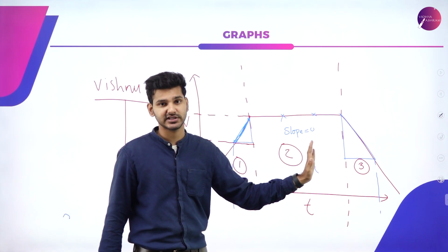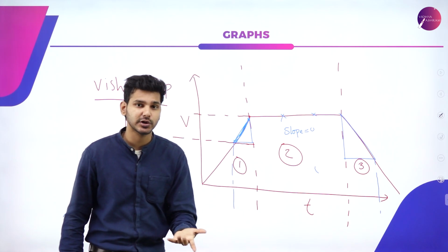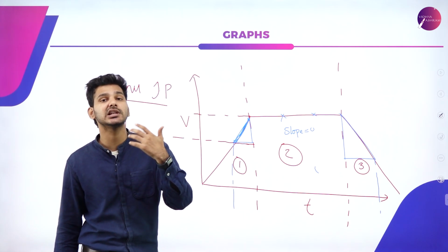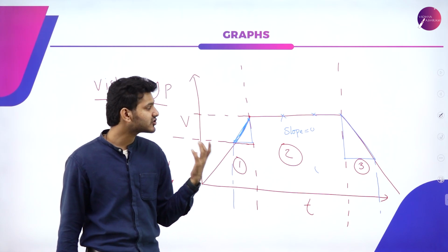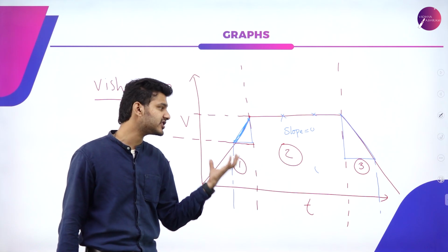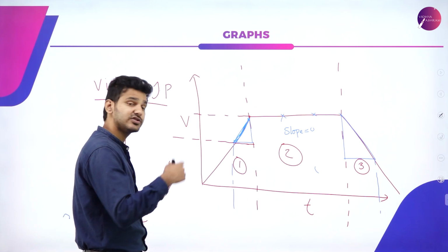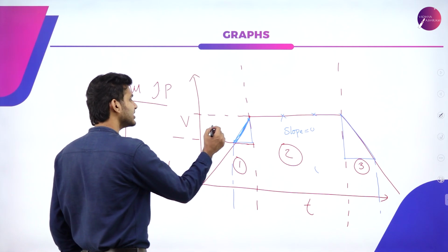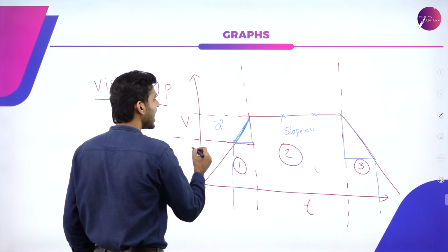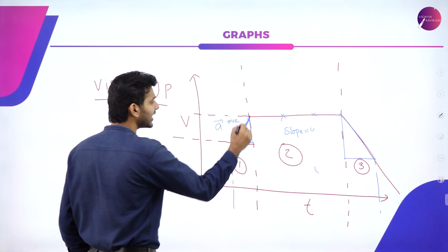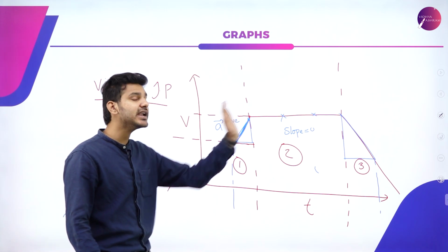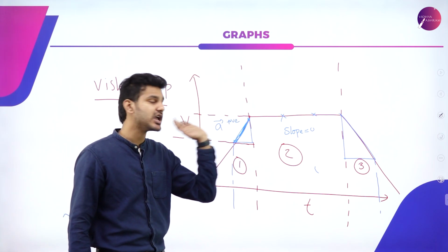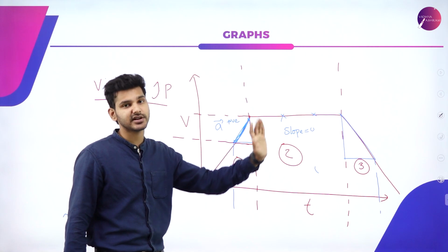It's constant velocity, which means by taking slope, I'm actually measuring acceleration. So I'm actually measuring the acceleration of this particular journey. Here, if I measure the acceleration, it will be a positive value because he's speeding up, he's changing his velocity, which means there is a positive acceleration.